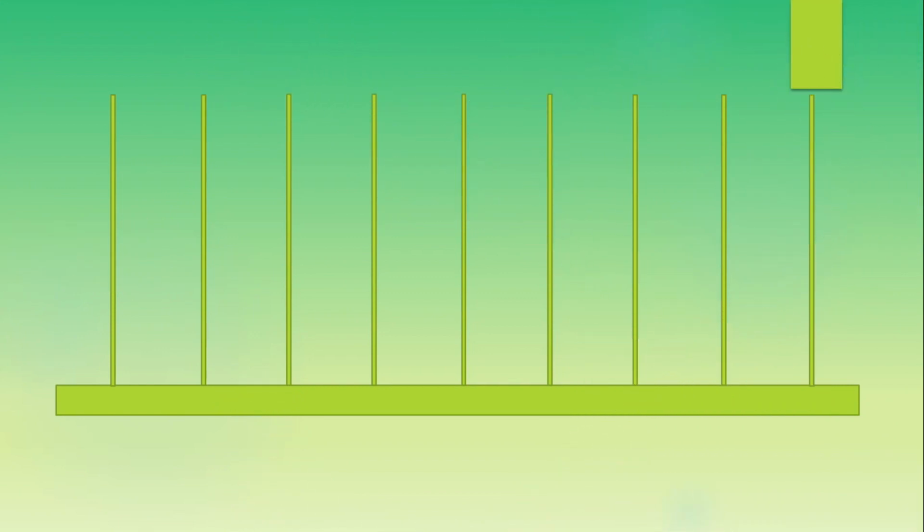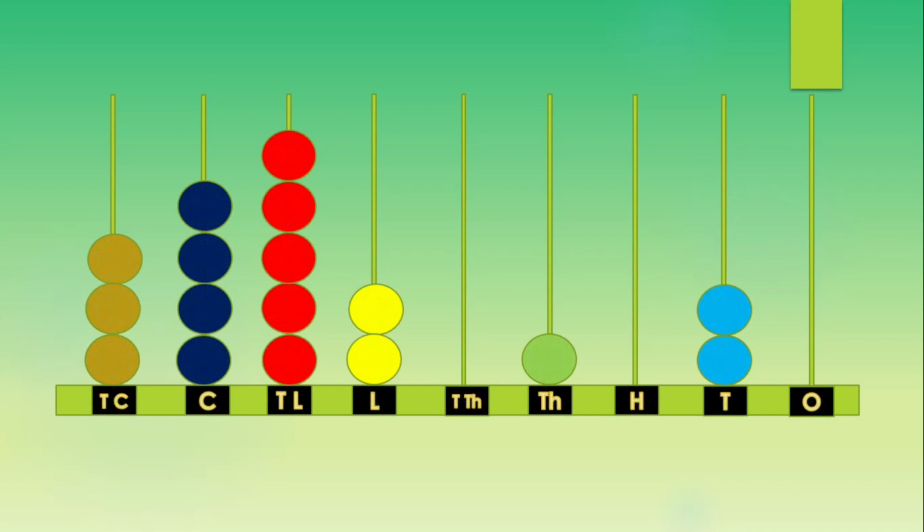Now here we have one more example on the screen, and here you can see, children, at ones place I have 0 beads. At the hundreds place also I have no bead, and at the 10,000s place also I have no bead. So you have to specially practice this kind of numbers where we have 0 beads or 0 at 2 or 3 places in the number.